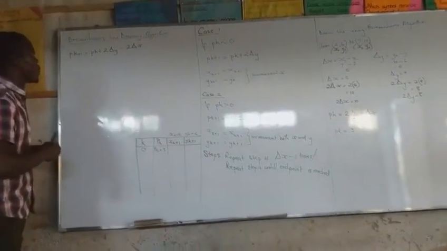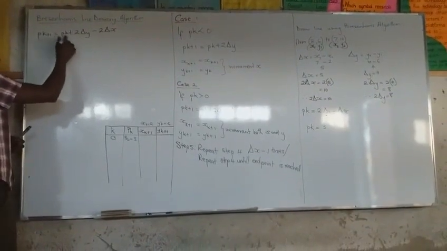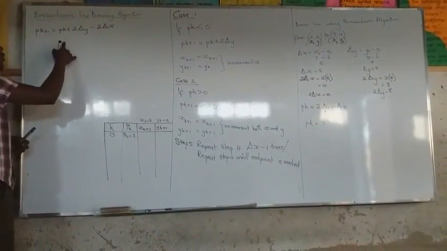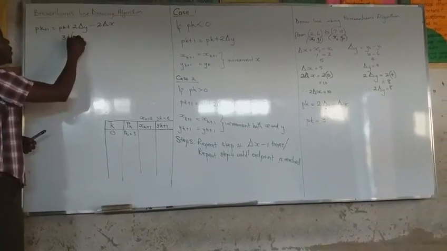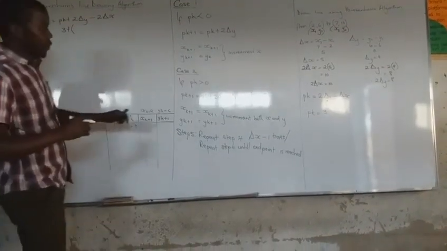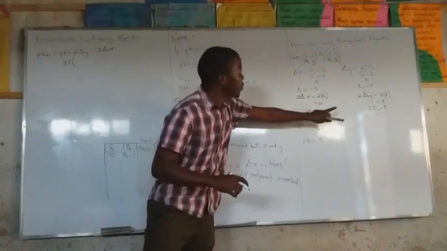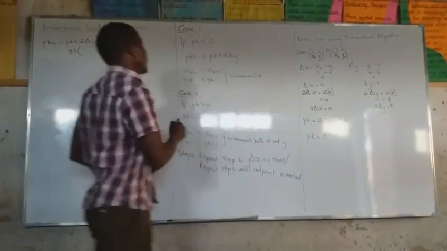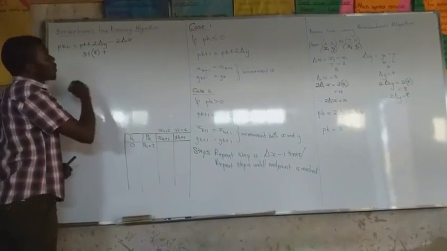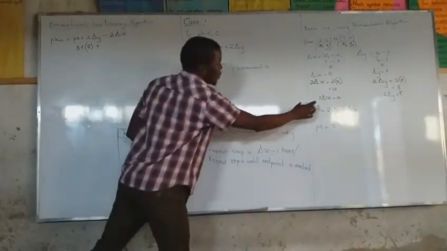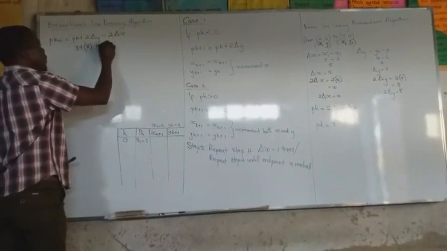Alright, so our decision parameter is 3 plus 2 delta y. 2 delta y is equal to 8, minus 2 delta x, which is equal to 10.